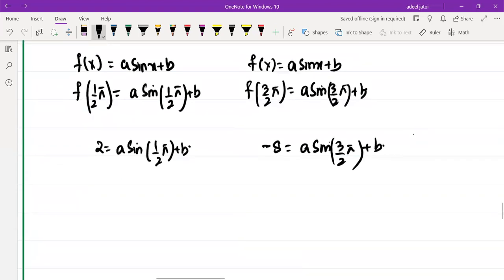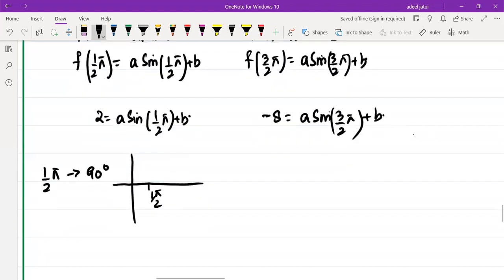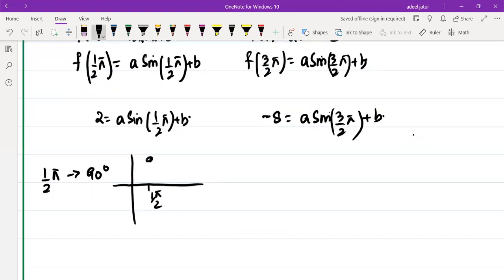Now, considering the fact that π/2 is basically 90 degrees, whenever you draw the graph at π/2, because of the cycle here, we need to understand what will be the maximum value. That means at this particular place, sin(π/2) will give me 1.